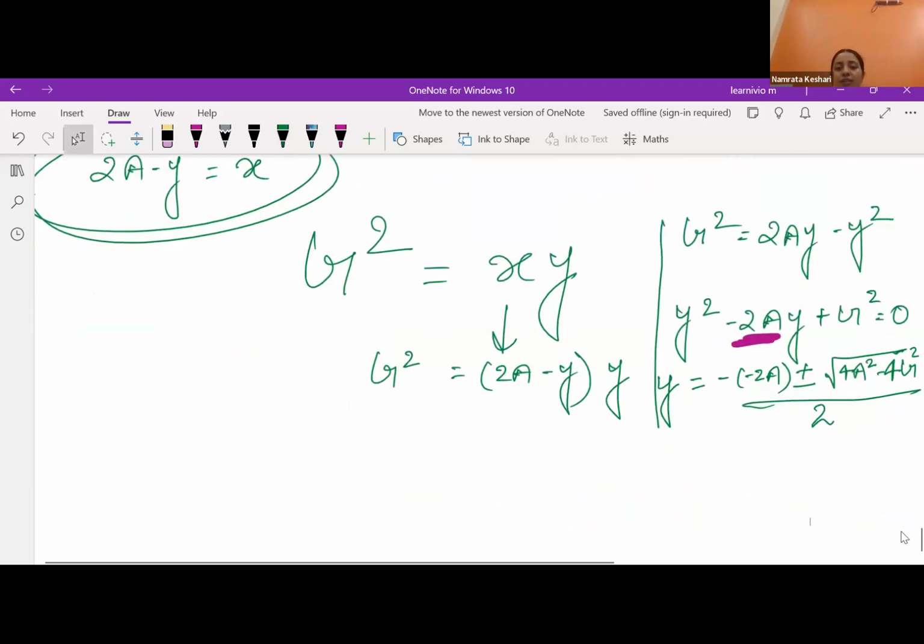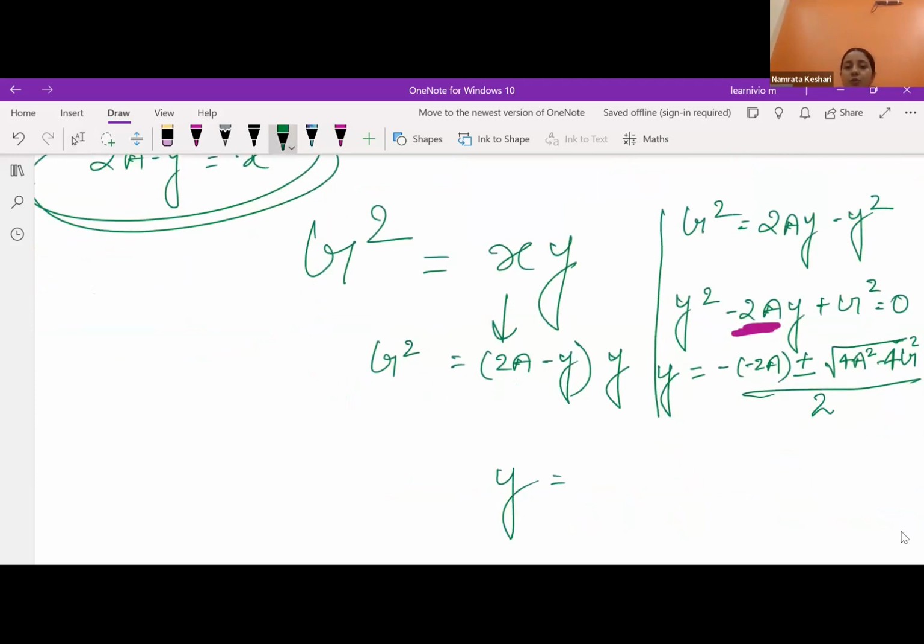Let's find the y value. We will have y is equal to 2A plus minus. Now in the bracket, you can see 4 over here, 4 over there. Let's take out 4 common. We'll have A square minus G square over 2. From the root, we can take 4 out, but 2 will come out, right?